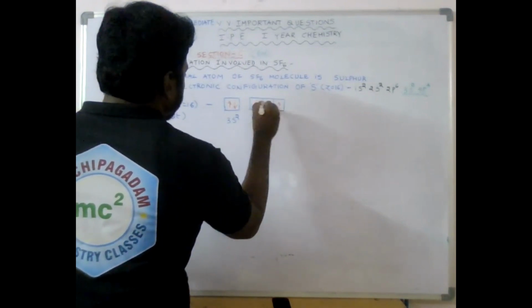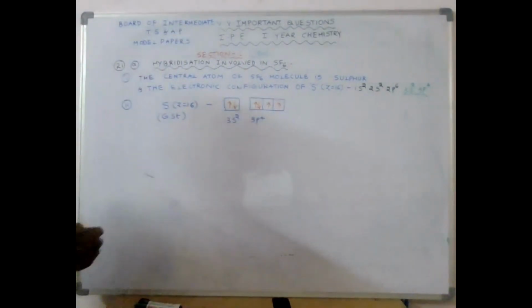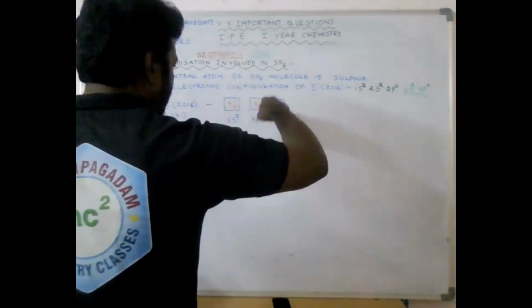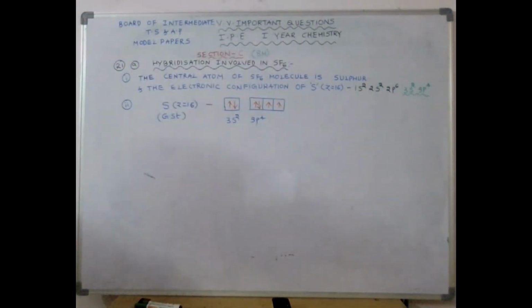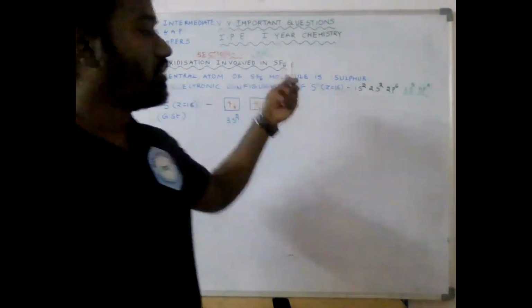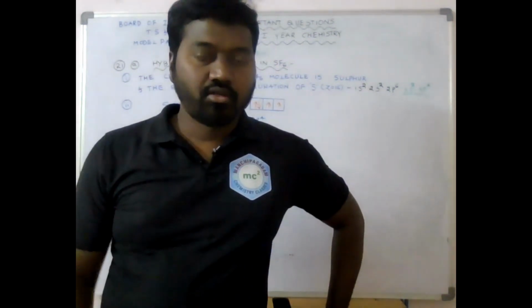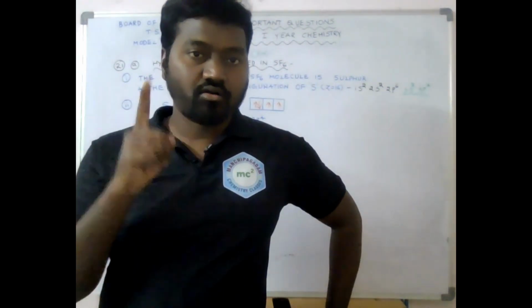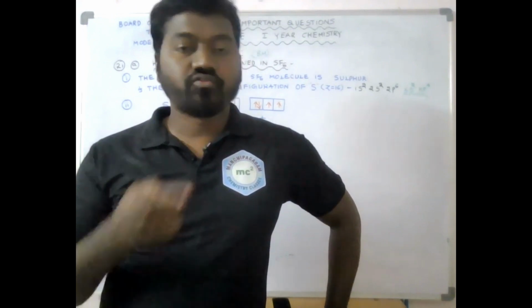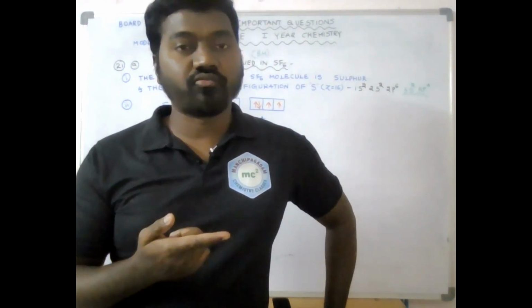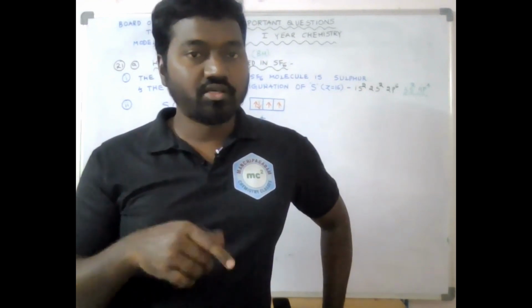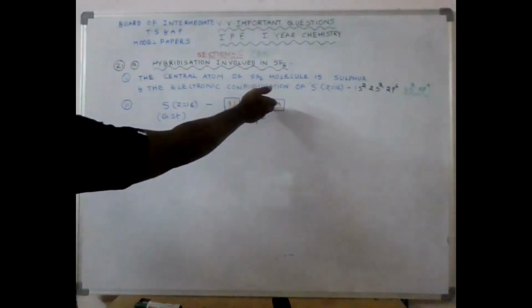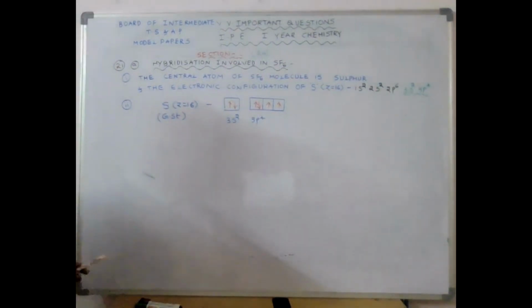Then 1, 2, 3, 4: which rule is this, how did I fill it, 1, 2, 3, 4 pairing? That is Hund's rule. But we have a total of 6 fluorine atoms. Each fluorine contains one single electron, so each fluorine is required to make a bond with sulfur with a single electron. Total 6 fluorines require how many? 6 electrons. But how many unpaired electrons do we have here? Only 2. So this will go to the excited state.